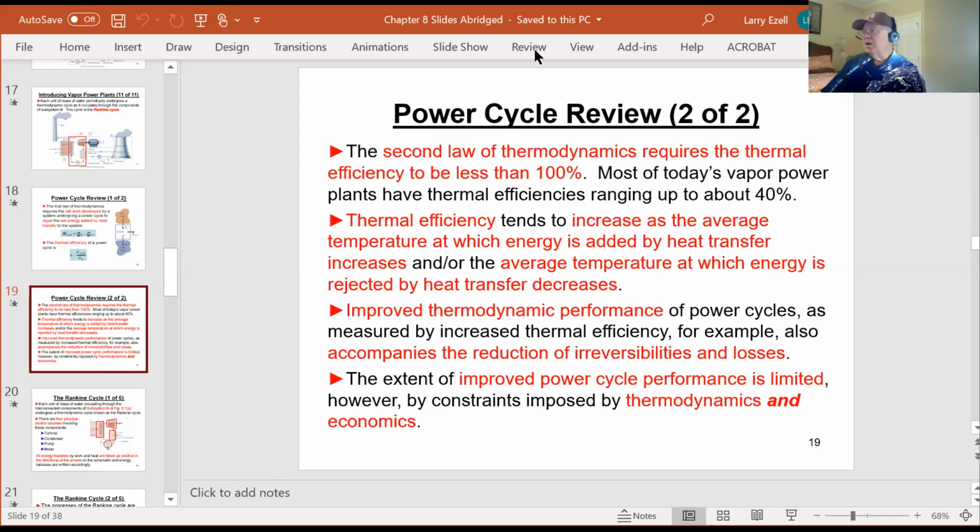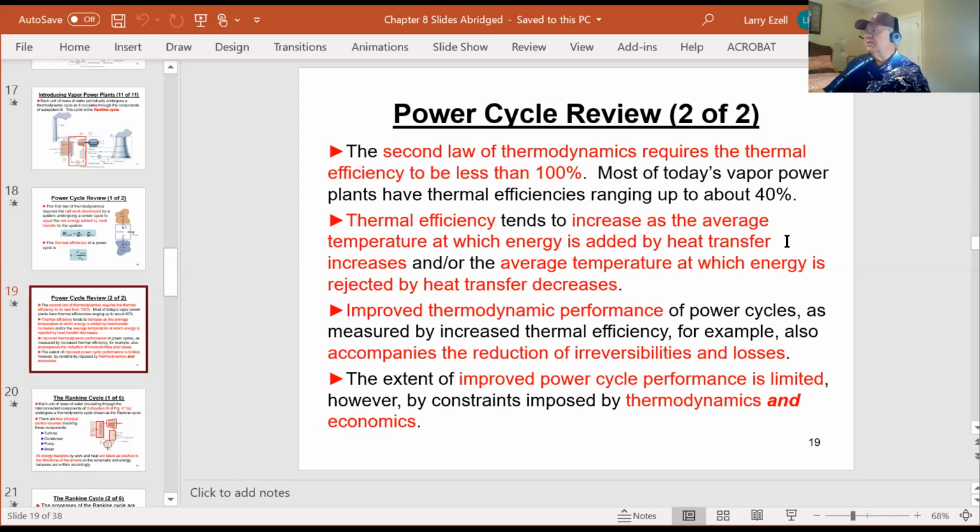But the point of this slide is no matter how many improvements, if you calculate your Carnot efficiency and it's say 75%, and you're running here at about 40%, there's nothing you can do to get above the 75%. Never going to happen. But a 1%, 2% improvement is really significant in the amount of money you would save. So it's really very cost efficient to make improvements. You're just never going to get above the Carnot limit.